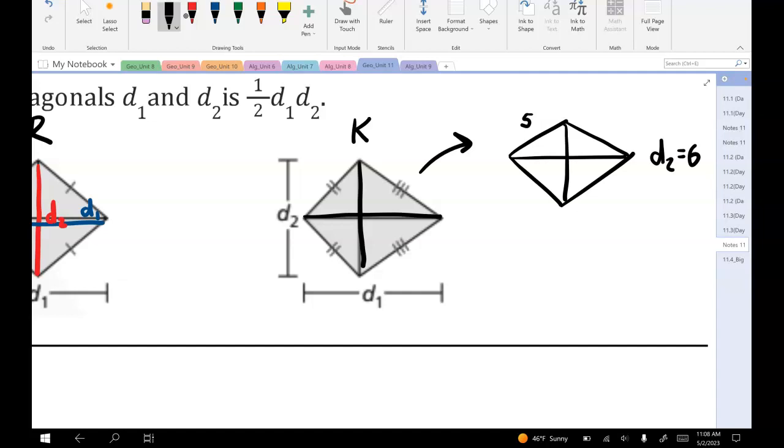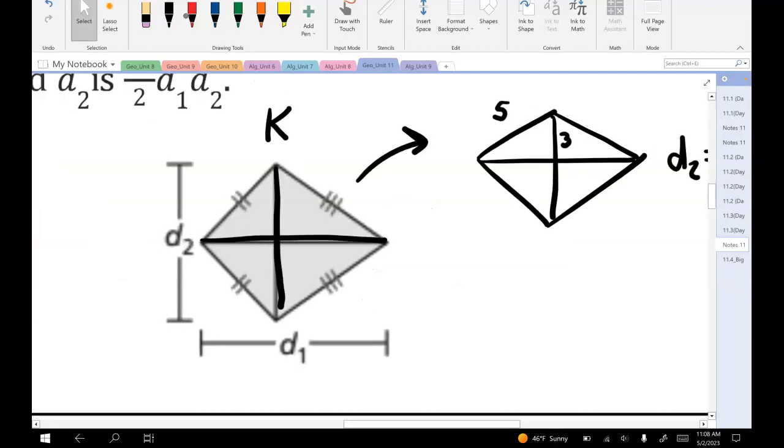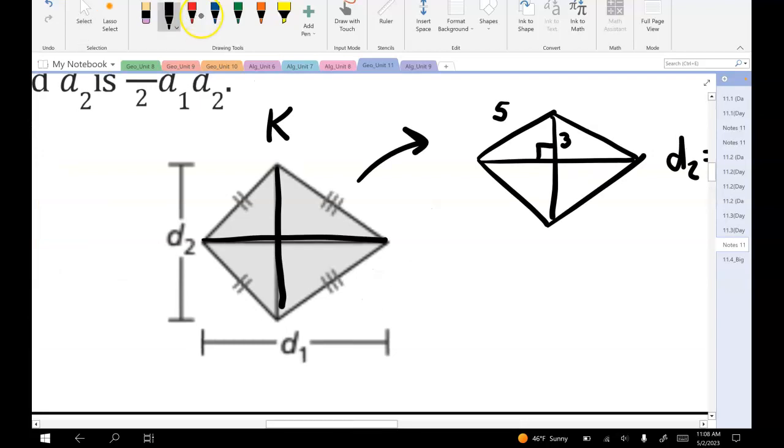Well, if diagonal 2, going up and down, is equal to 6, that means that this piece here would have to be equal to 3. And then you can make a little right triangle and use your Pythagorean theorem to solve for your missing length here. So that's a homework problem when you get to it. We won't really have an example like that in the notes, but you all know how to do it. We all know how to use Pythagorean's theorem.